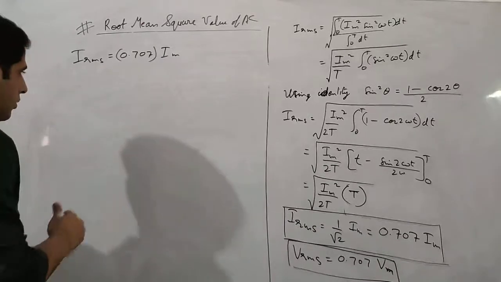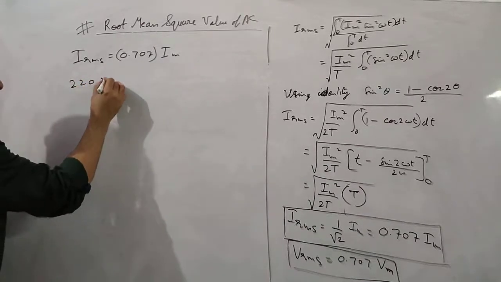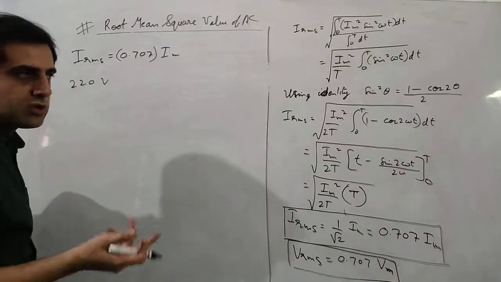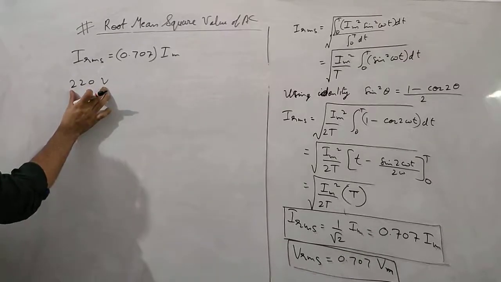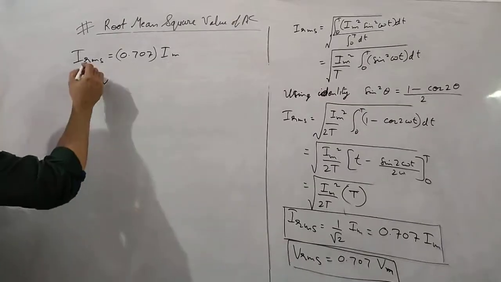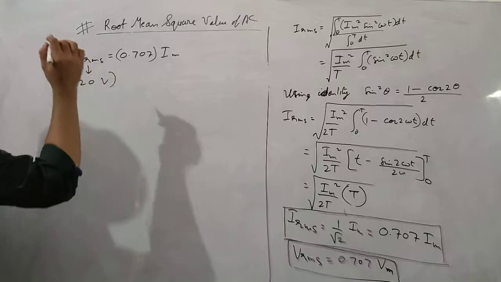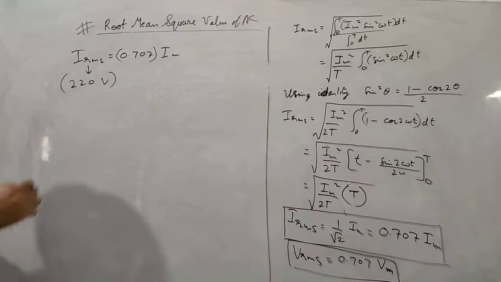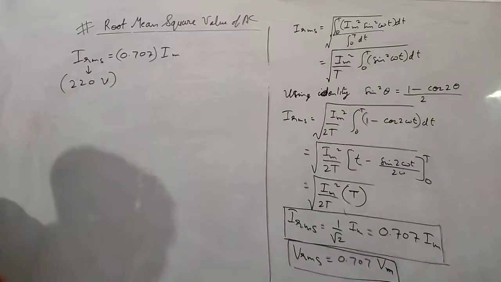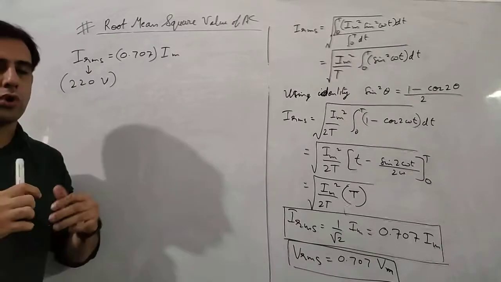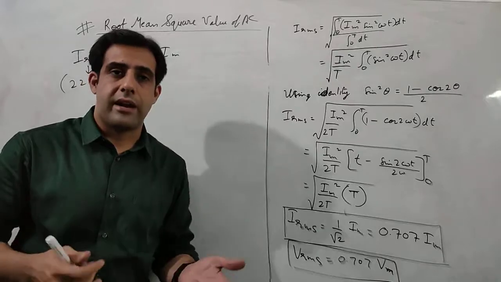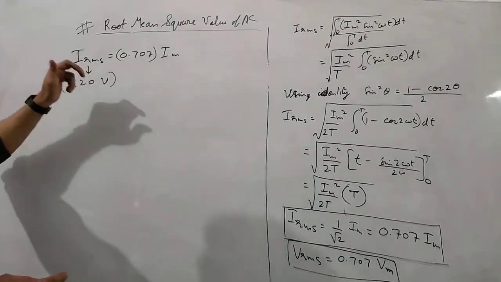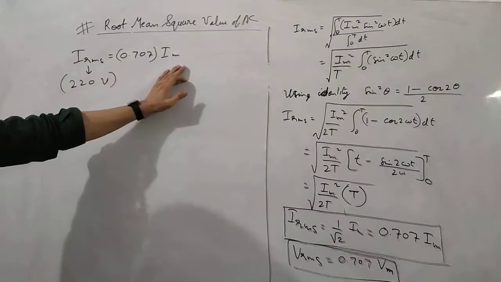So when we talk about the switch of our house, from the plug of our house, we are getting a supply of 220 volt, then this 220 volt is not the peak current, it is actually the value of IRMS current. So that is why it is important, because anywhere where we are using the current to work any appliance, to draw any circuit diagram, we always use the RMS value of current. We never use the peak value of current.